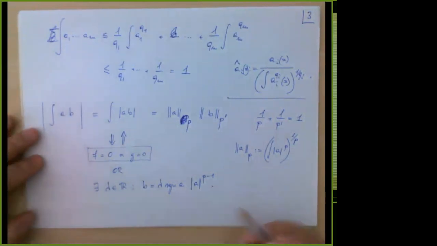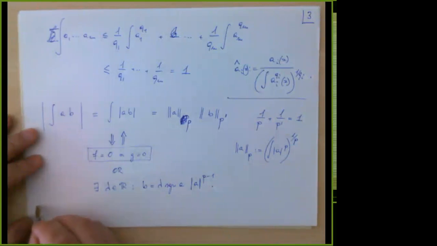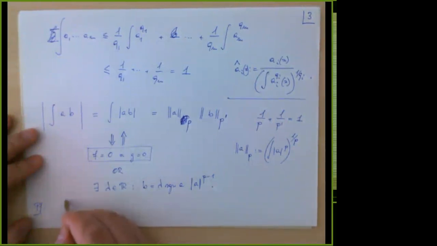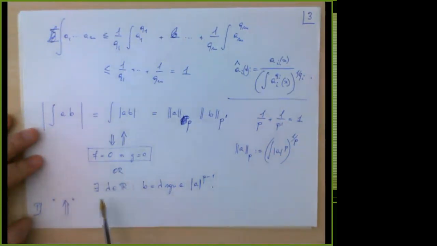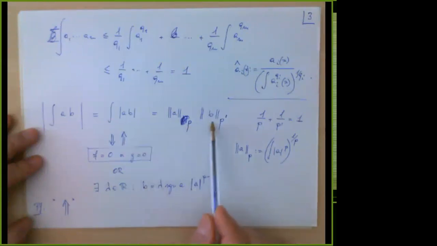So let us see the proof of this. As a matter of fact, there is a direction which is quite easy, and I would leave this to you. So if we know that there exists a lambda that does this, then proving that we have equality here just reduces to computation.